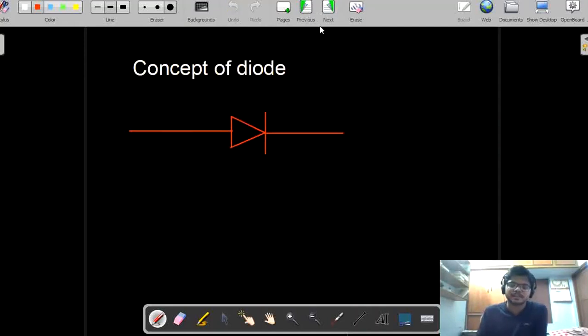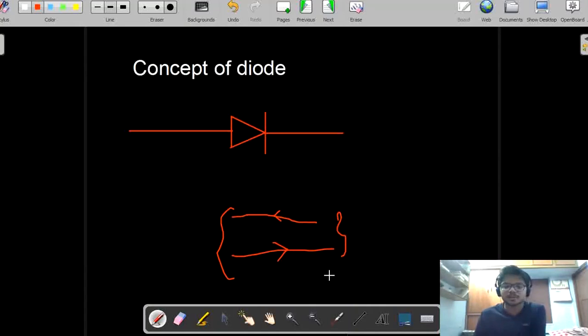Assume it is a diode. If my reverse bias current is very low and my forward bias current is very high, I can consider the diode to be in very good condition. This is the diode we require because it fulfills our requirements.